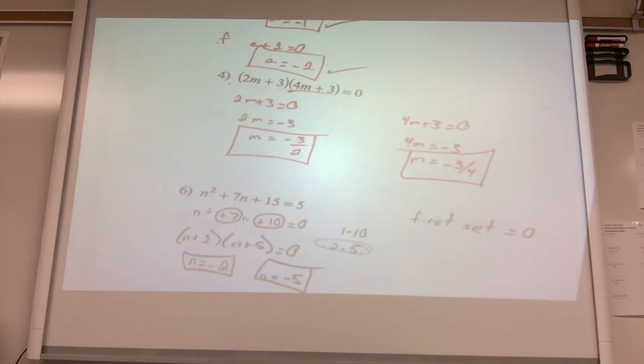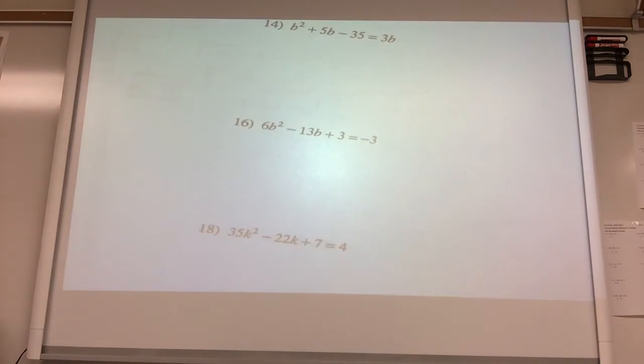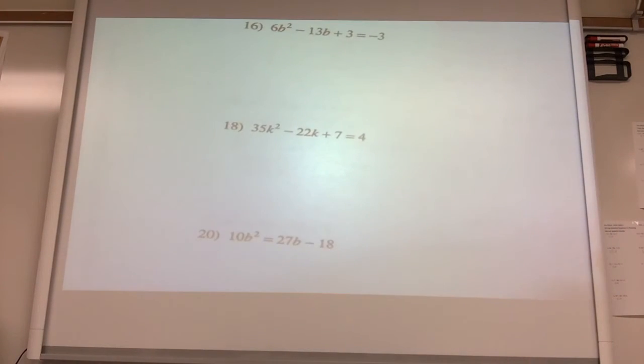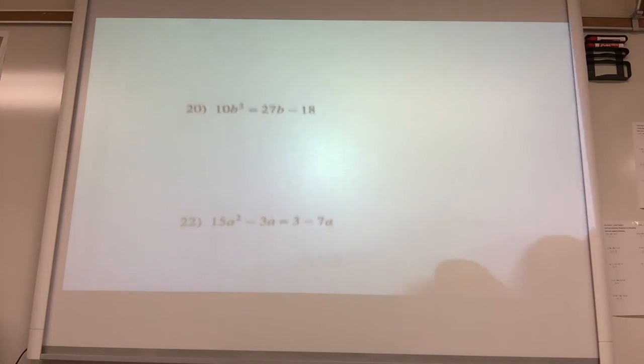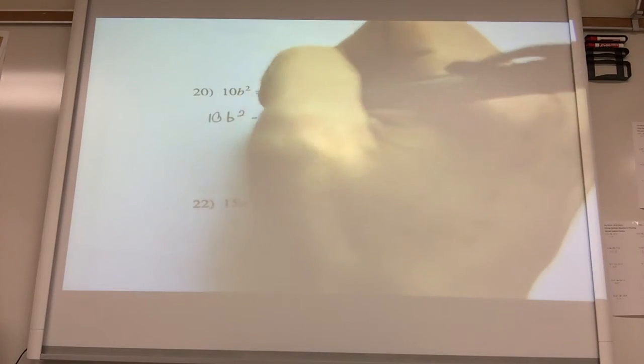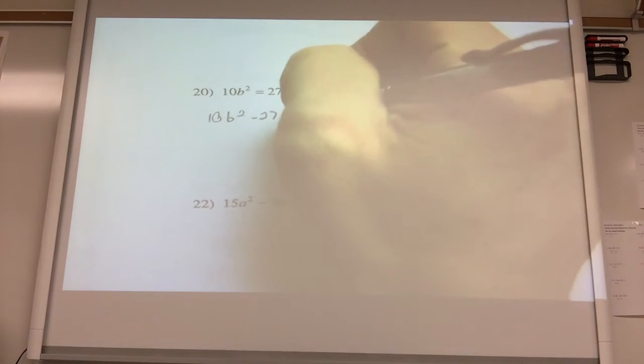Maybe I will do, let's go ahead and do one more. Let's see if there's any difficult ones on here. Well, this one doesn't look too fun. Number 20. I'm going to do this one pretty quick. So again, trinomials, set it equal to 0. Might take me a second to figure this one out.